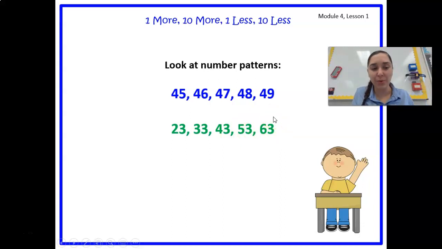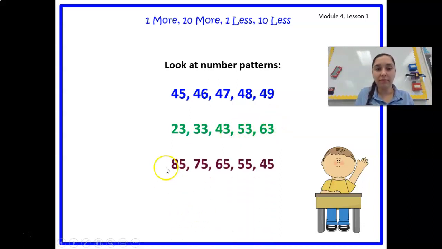Are you ready for the last one? Let's look. 85, 75, 65, 55, 45. What's the pattern? 10 more, 1 more, 1 less, or 10 less? What is it, boys and girls? Get ready.